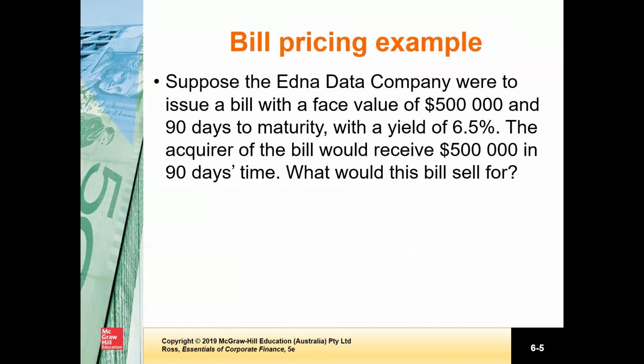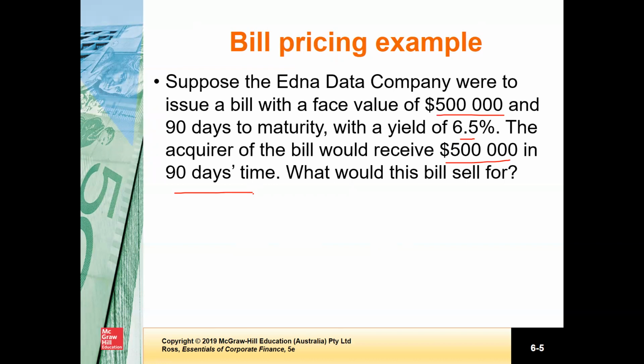So look at this example. Suppose the Aetna data company were to issue a bill with a face value of 500,000 and 90 days to maturity with a yield of 6.5%. The acquirer of the bill would receive 500,000 in 90 days time.